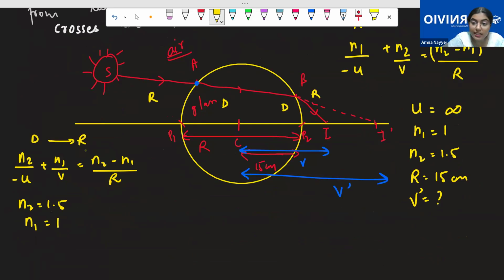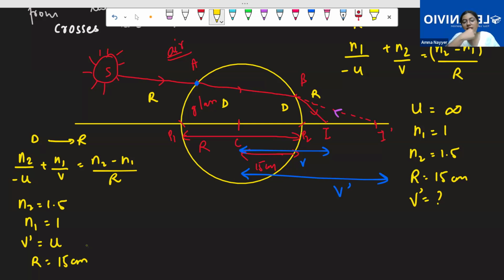Now here the object distance. See, what will be the object distance? This intermediate image is acting as the object. Look, the rays are actually from the intermediate. This is actually producing the light rays due to which all these things are occurring. So here V dash will be the object. Though you have to put in the sign convention, R will still be the same, that is 15 centimeter. Why am I focusing on centimeter?